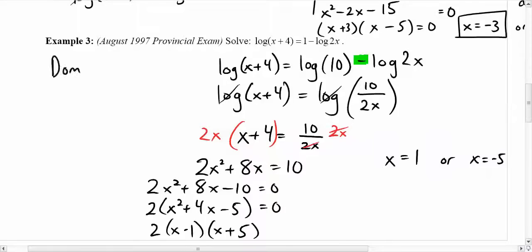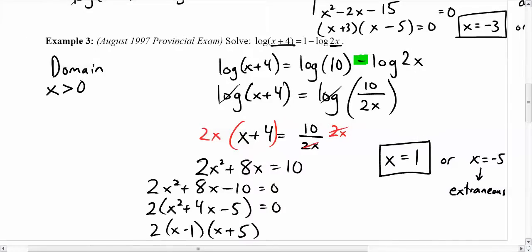The domain of the log is that this one has to be bigger than 0, and this one has to be bigger than -4. So when I put those together, the domain is x is bigger than 0. So that means that the -5 is not possible. If I check that one, then I get a non-real answer on both sides. So there's one solution, x equals 1.